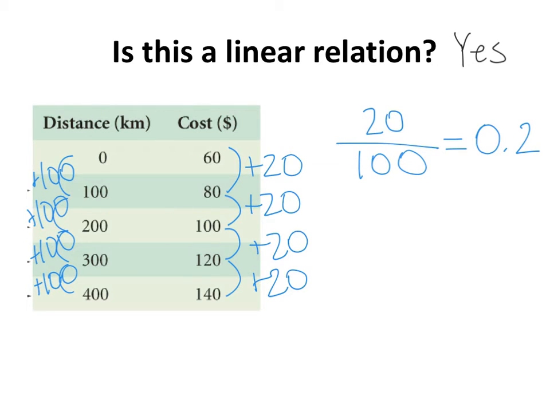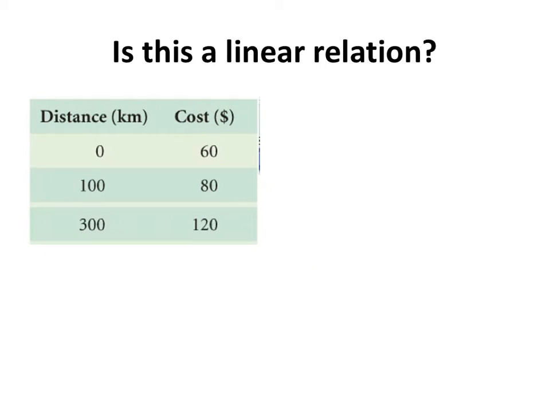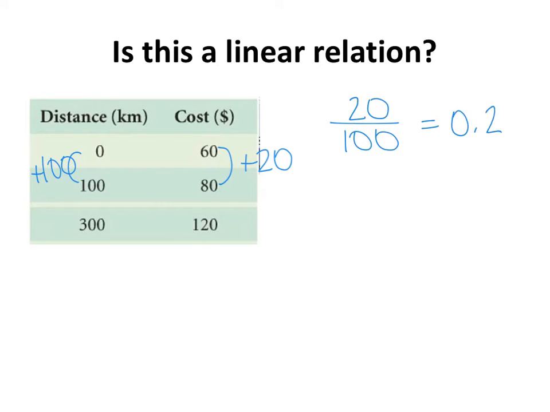Let's look at another example. Sometimes students feel a little bit confused if we don't see the same jumps happening in the table, but we can still check if the pattern is linear. Let's look for those changes first. From the first line of the table to the second line of the table, our ratio will be 20 divided by 100, which gives us 0.2.